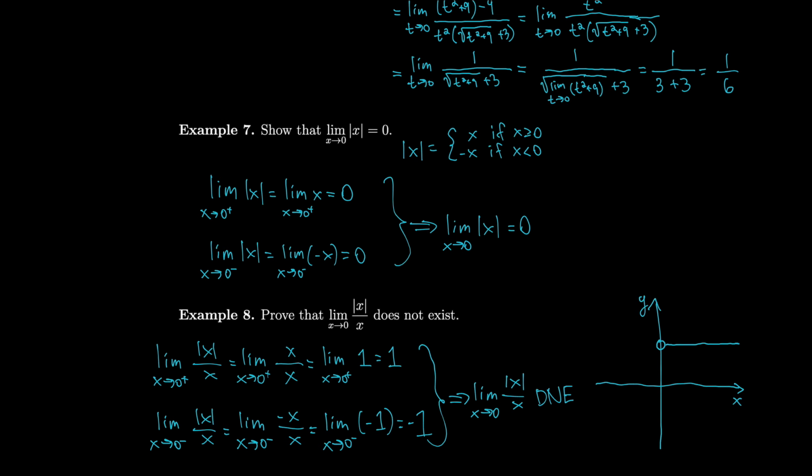If we look at negative values, then it's minus 1. So it makes sense, as you move in from the right, you get closer and closer to 1 because you're equal to 1 the entire time. As you move in from the left, you get closer and closer to minus 1 because you're equal to minus 1 the entire time. So those left and right sides definitely don't match up.